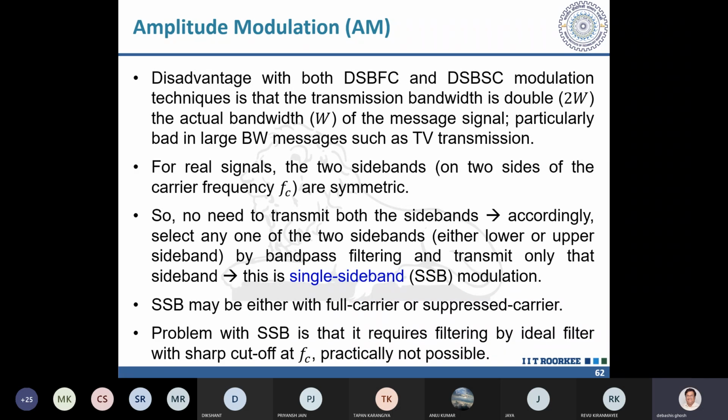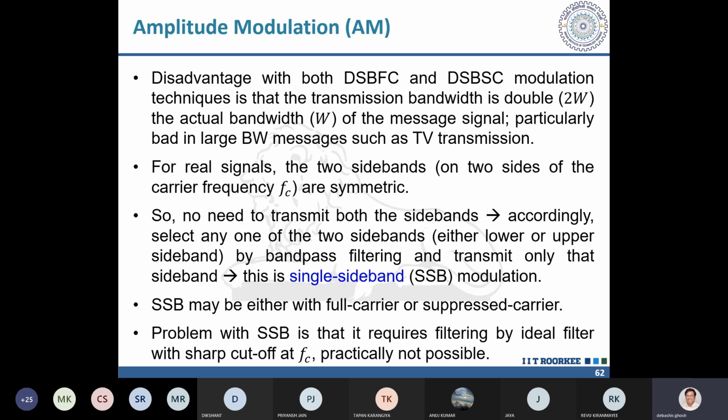Now both the types of amplitude modulation which we have studied, we see that in both the cases the original message bandwidth is W, but when I'm transmitting it, I have to use 2W bandwidth. One is double sideband full carrier, one is double sideband suppressed carrier.